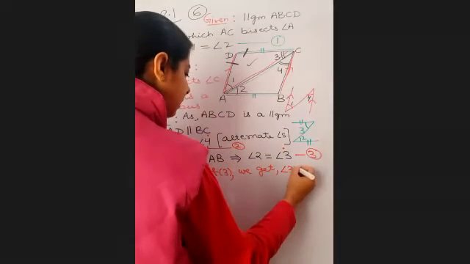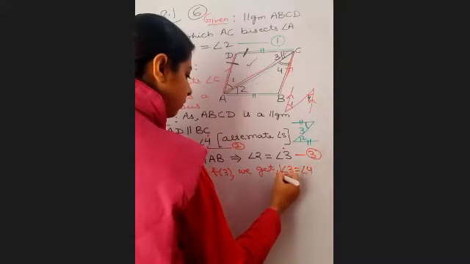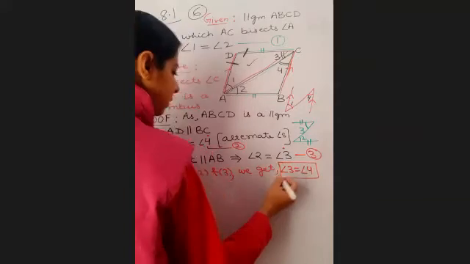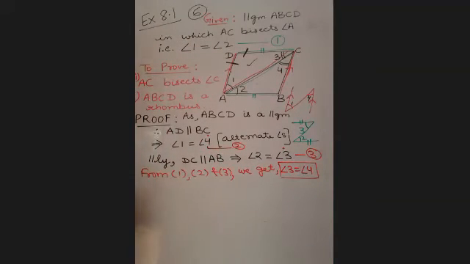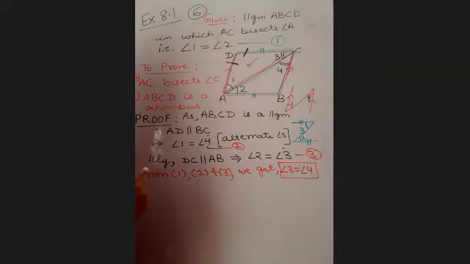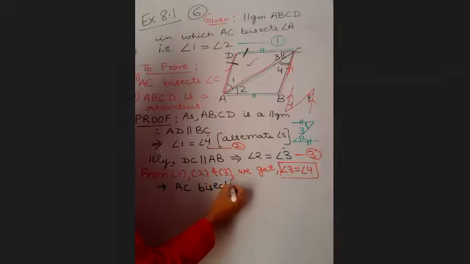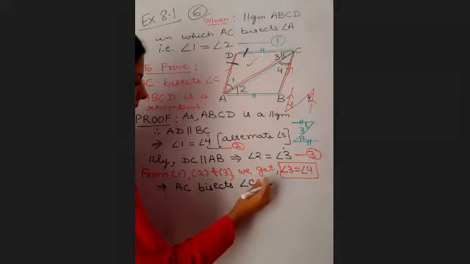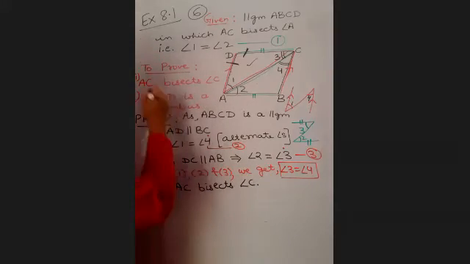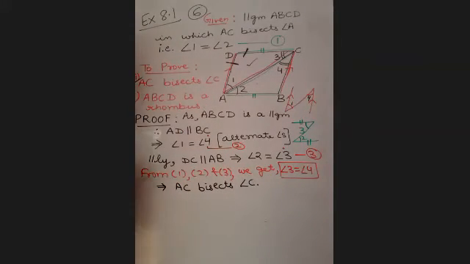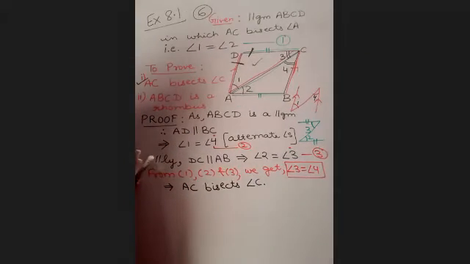So we get angle 3 is equal to angle 4. And the moment we say angle 3 is equal to angle 4, this gives me AC bisects angle C. So my part 1 is true.